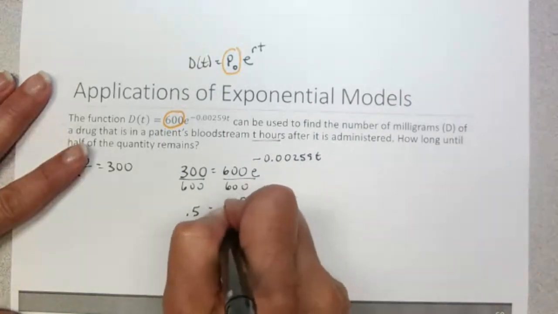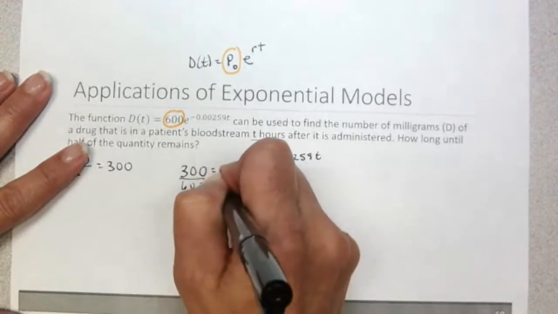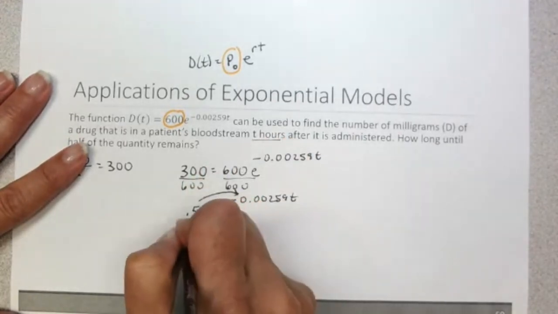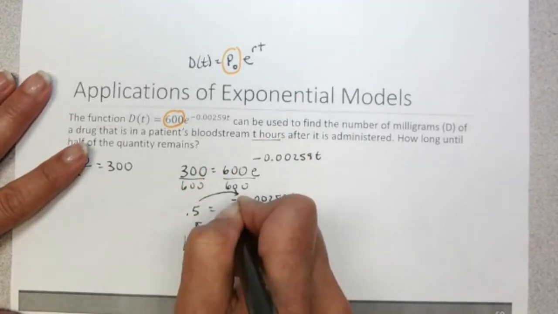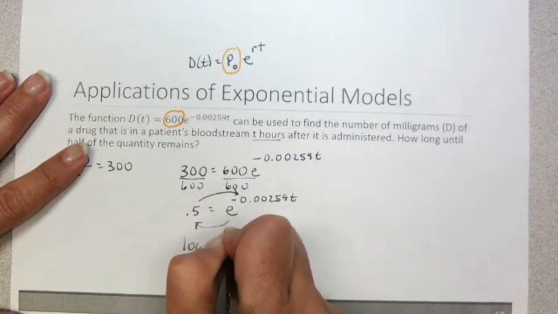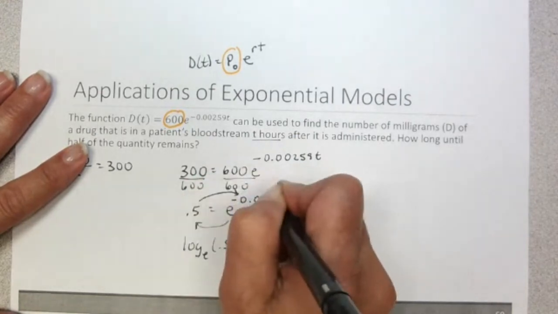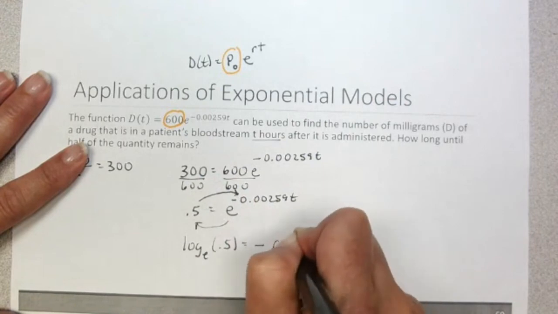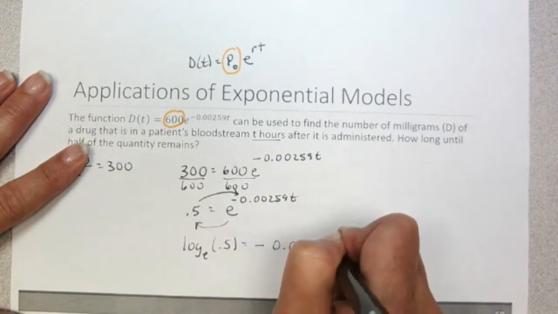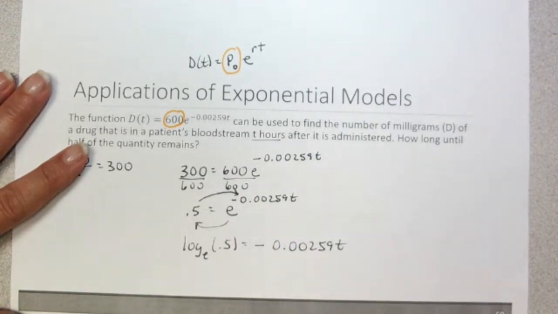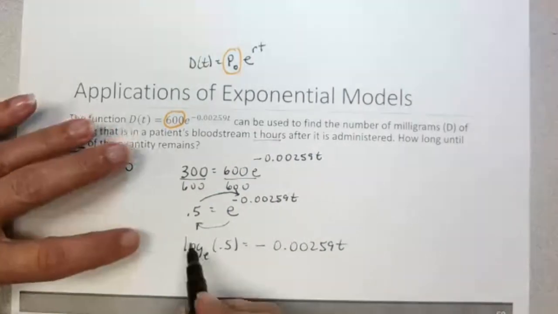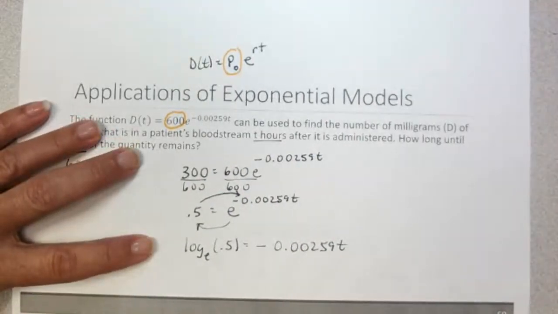That's going to be a natural log. So log base e of 0.5 is equal to negative 0.00259 t.